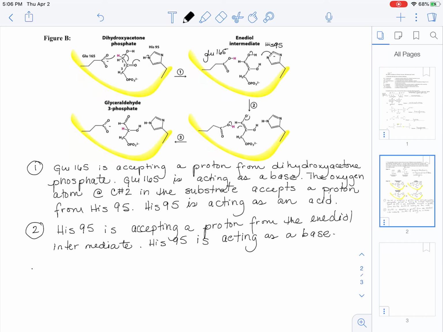You can also say that the enediol intermediate is acting as an acid.